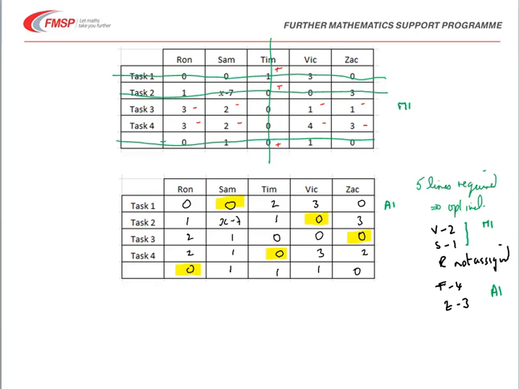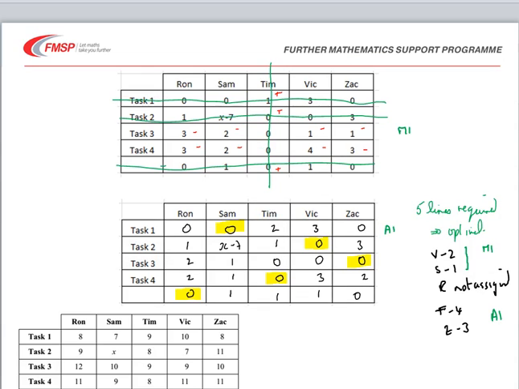and then an answer mark if your full allocation was correct. Well, to get the total time, we need to look at the original table with the times and transfer our pattern onto that. So we can see that Sam taking 7, the task 4 done by Tim is 8, task 2 by Vic is 7, and Zach doing task 3 is 10.